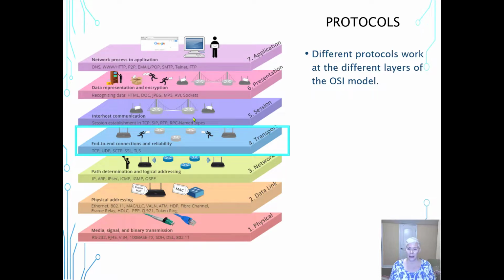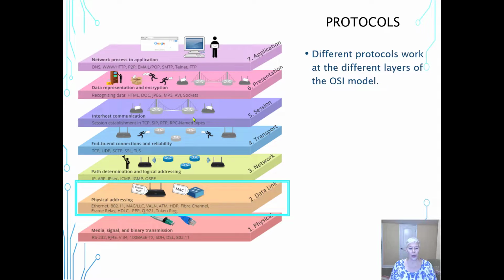Layer 3, this is our network layer. The network layer is where IP happens. IPv4, IPv6, IPsec, the ping, ICMP, also any of our dynamic routing protocols, OSPF, EIGRP, these are functioning at layer 3, the network layer.